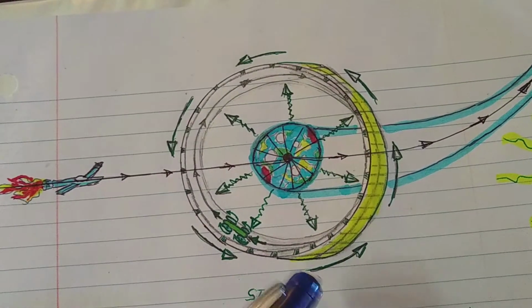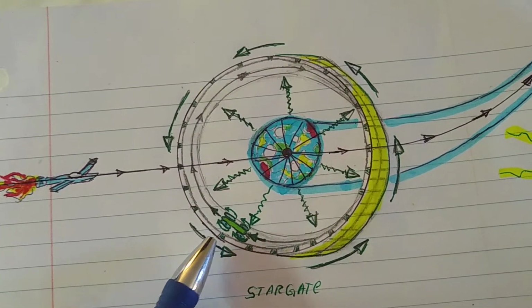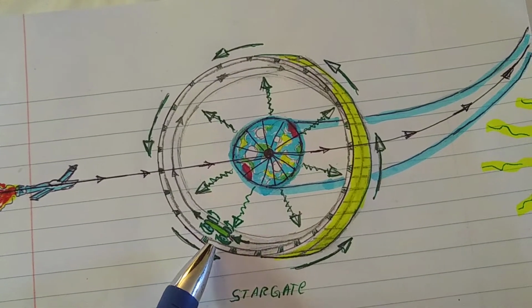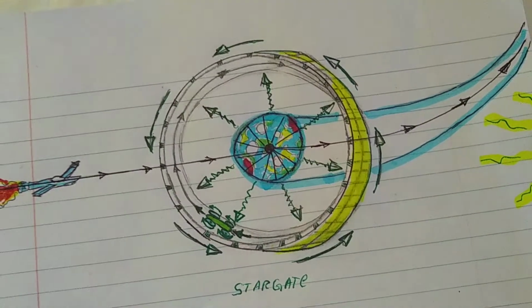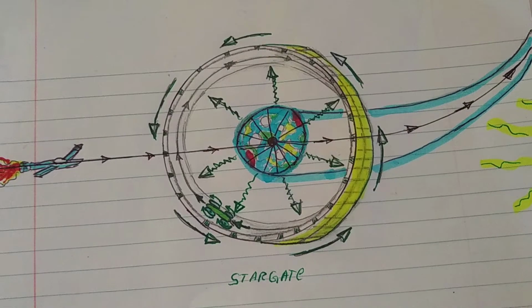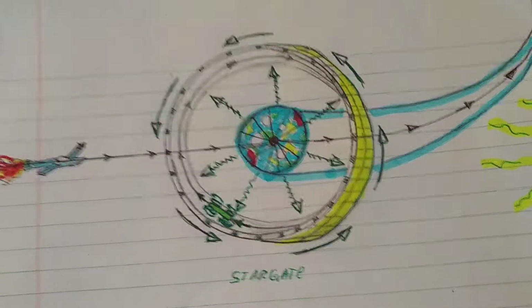So let's say the cylinder is one ton, just a concept. If it's spinning at 500,000 Gs, that means that 1 ton is 500,000 tons. That's just a concept.